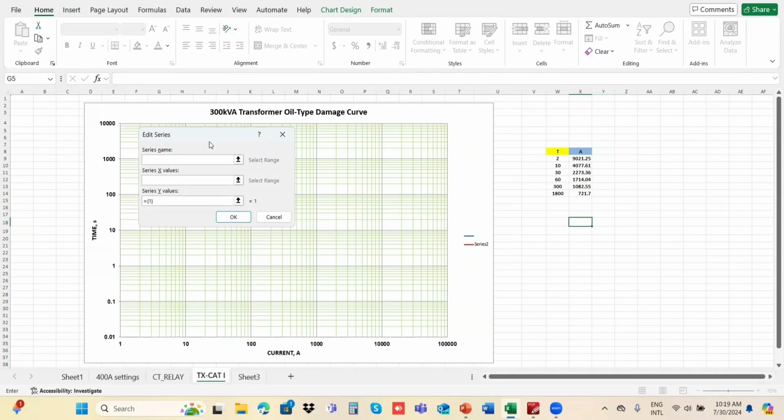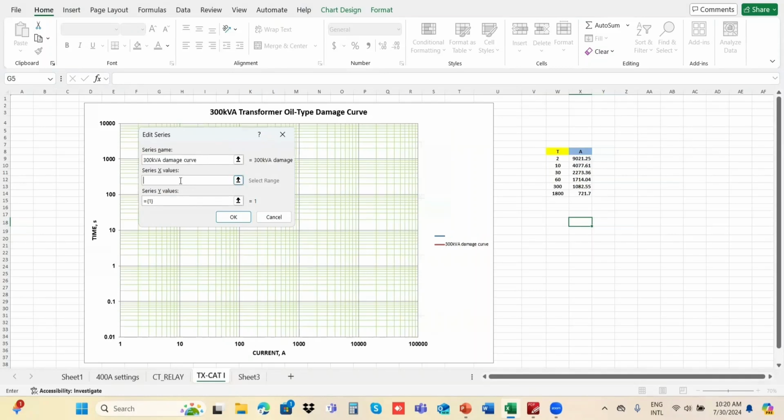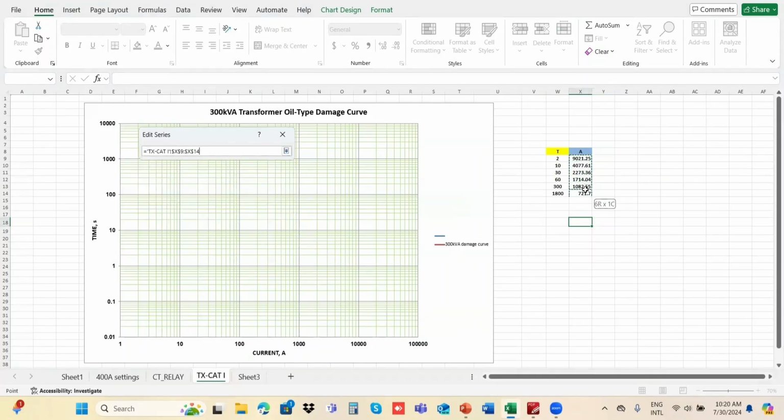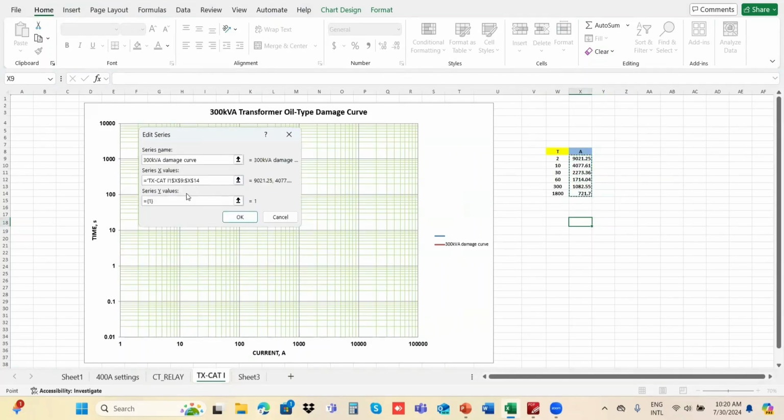So you can type the 300 kVA damage curve. And for the X values is the current, okay? So you have to click this box and highlight the current. Current is here. Just highlight this one. So it is already here.